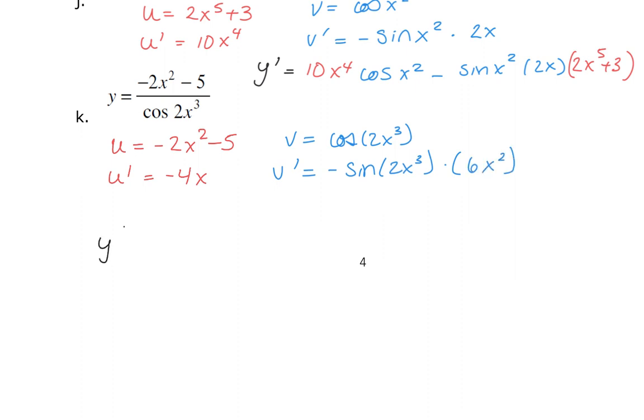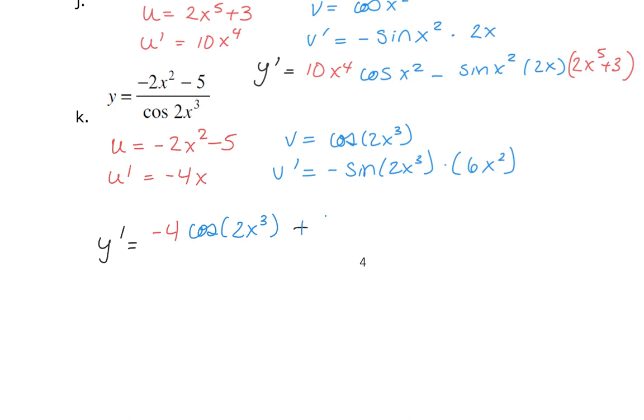So then y prime is going to be my numerator derivative, which is negative 4x, multiplied by my denominator, which is the cosine of 2x cubed. Then it's going to be minus my denominator derivative, which is a negative, so negative makes it positive.